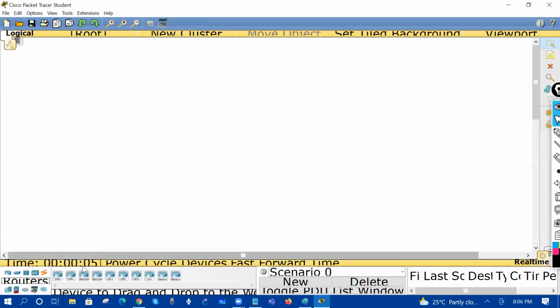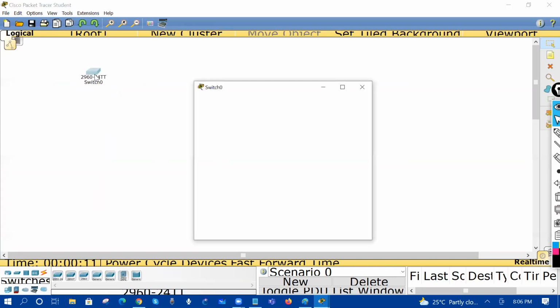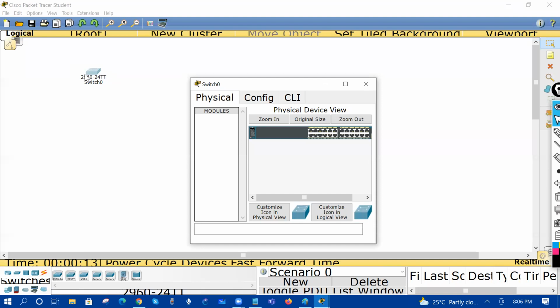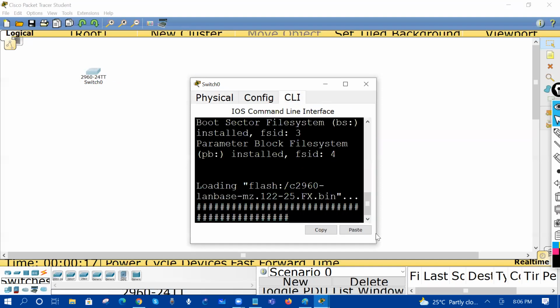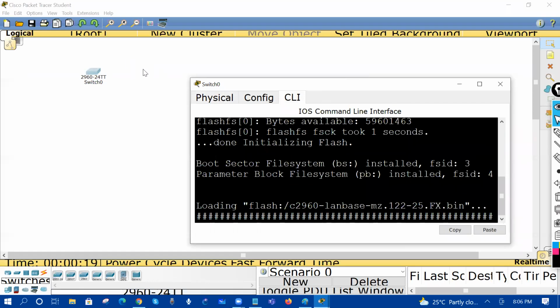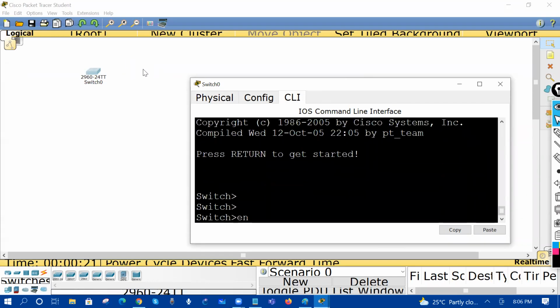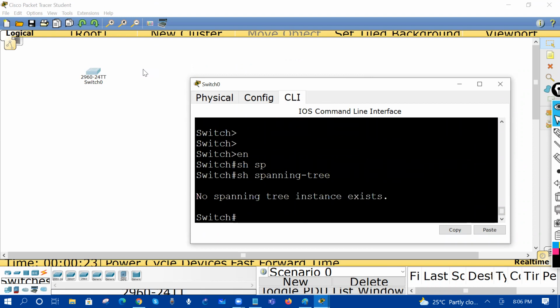If you take one example, I have one switch, switch one, and if you see, I don't have any switch port interface, that's just a normal switch. I don't have any interface connected. And if you put the command show spanning-tree, what is it telling you?